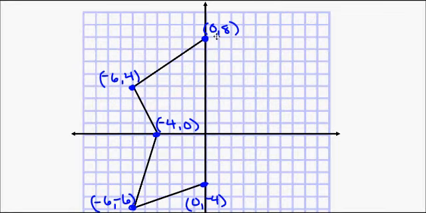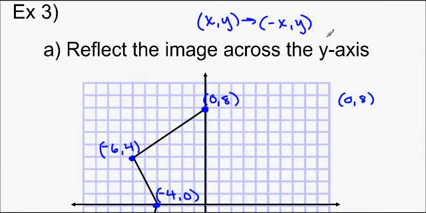So I'm going to just start at the top and work my way around. I have (0, 8), and I know that I'm going to change the x value so that 0 would become a negative 0, but that's still a 0. And then the y value stays the same. So really, my pre-image and image here are the same.